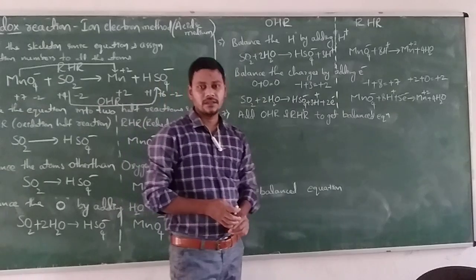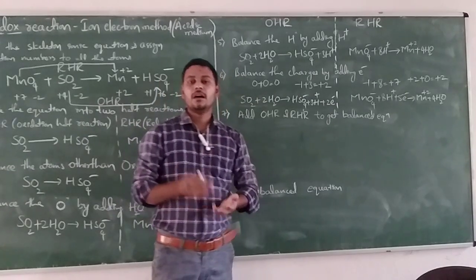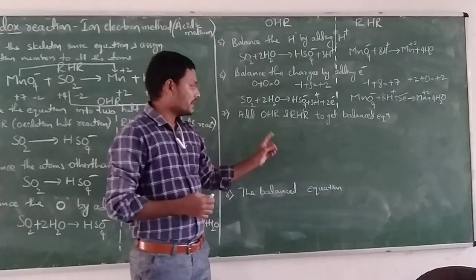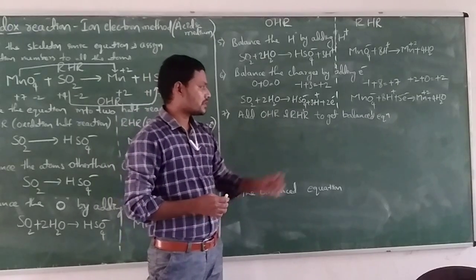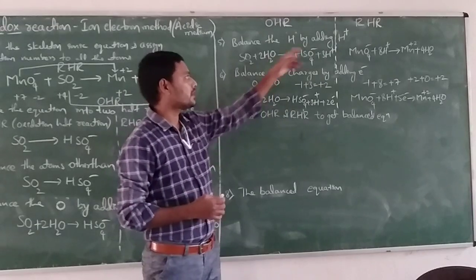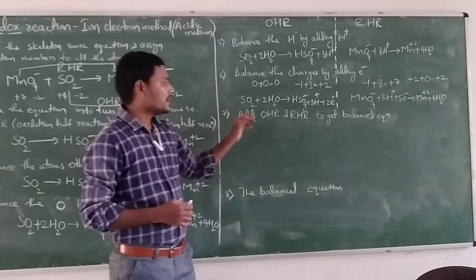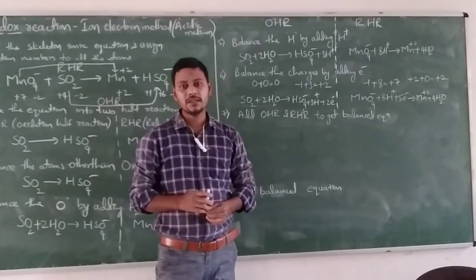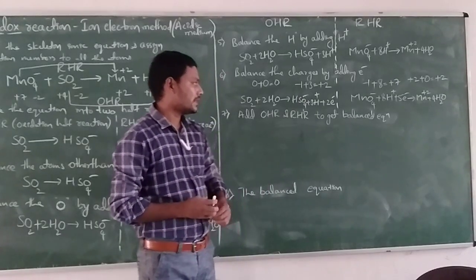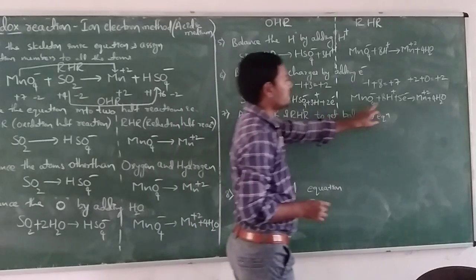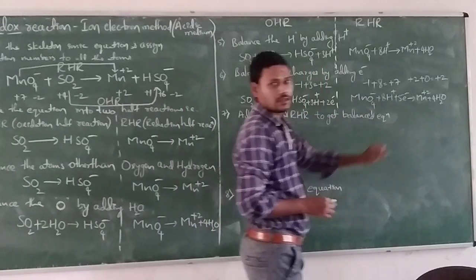Now to get a balanced equation, we add the oxidation half reaction and the reduction half reaction. When we add them, the number of electrons should be the same in OHR and RHR. If it is not the same, we have to multiply with a suitable coefficient, then it will become the same. See, 2 electrons are there in OHR, 5 electrons are there in RHR.